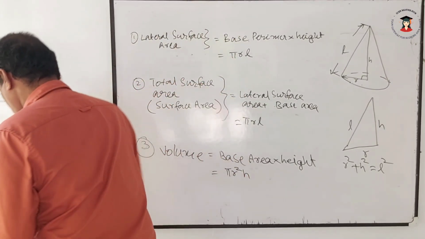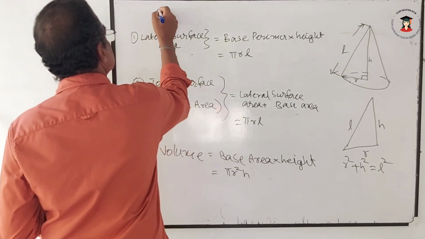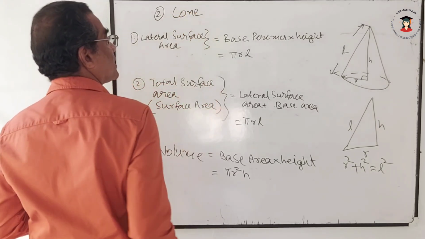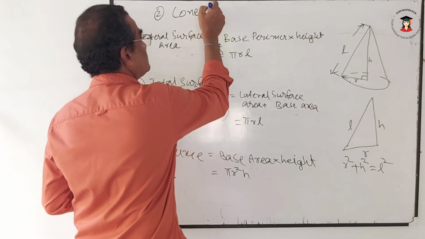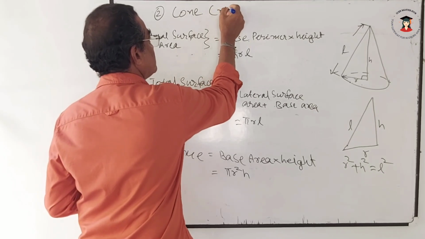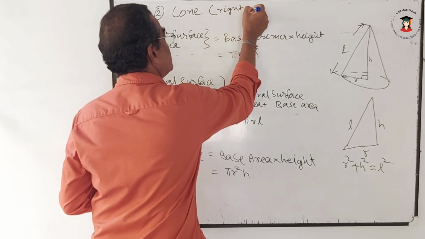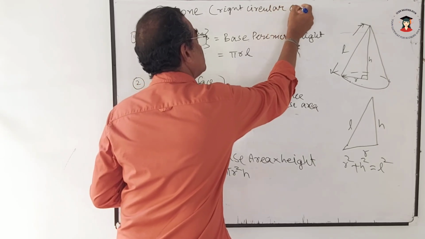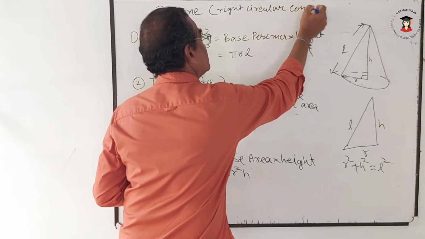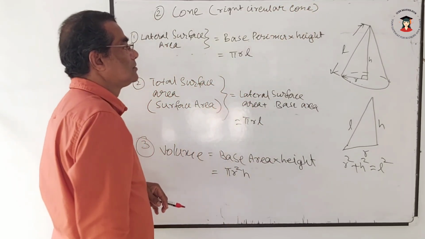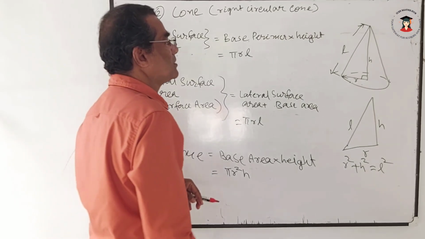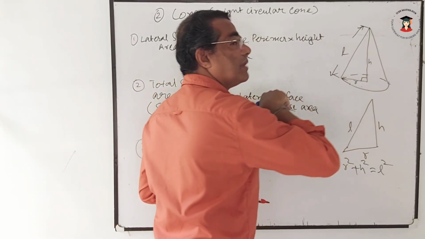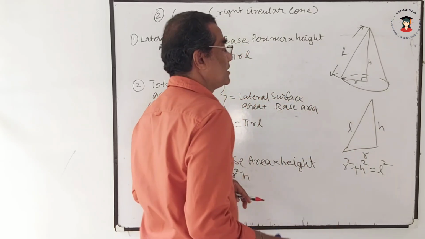We are discussing cone, right circular cone. Right circular cone means that this h will be perpendicular to the base, or perpendicular to the radius.